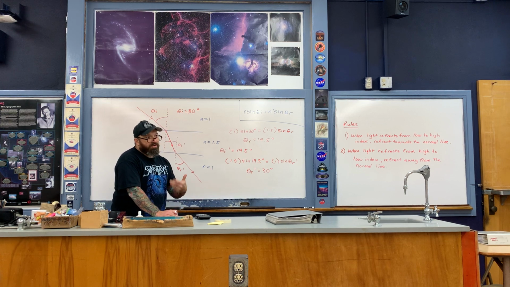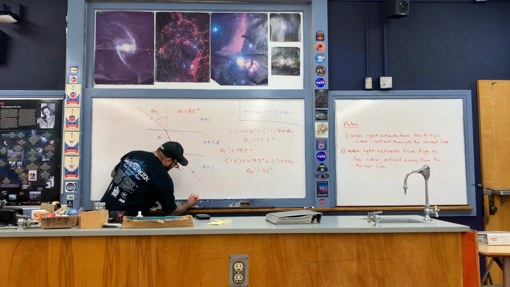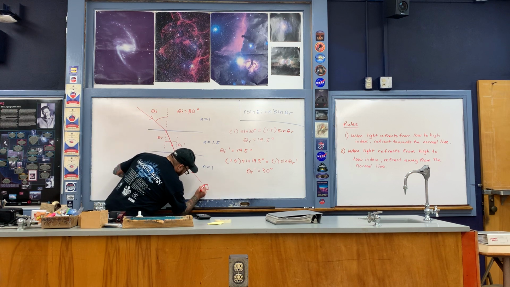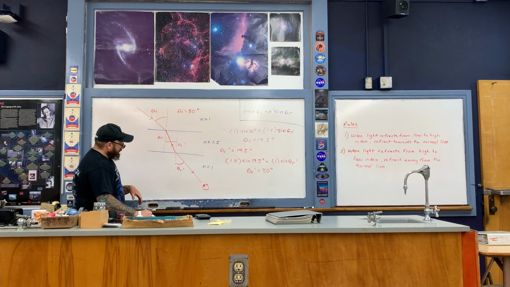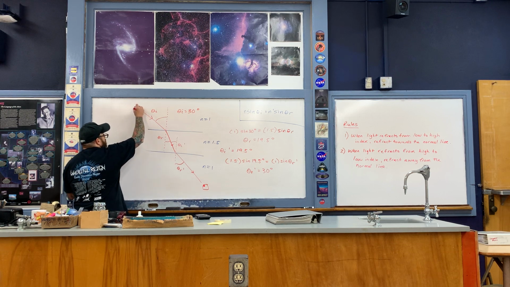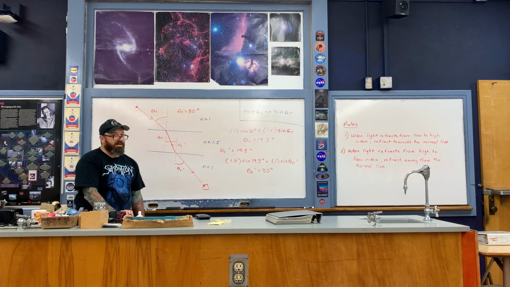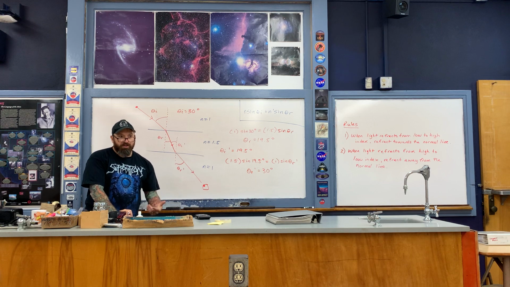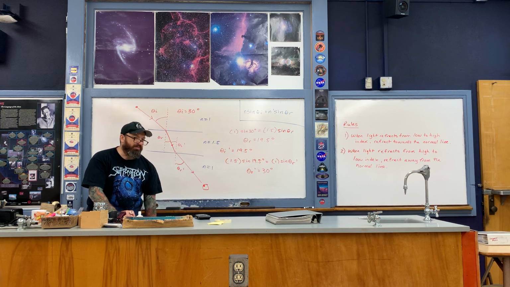Here's, however, what you see when you actually look through a window pane. Let's say your eye, for example, is right here. And then you look at an object that is right here and a light ray is coming from that object. Are you looking at that object in its actual position, or does it appear to have an apparent position?